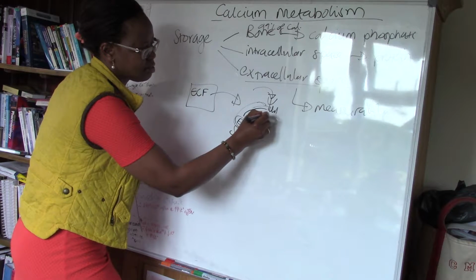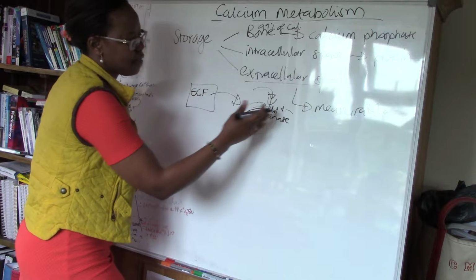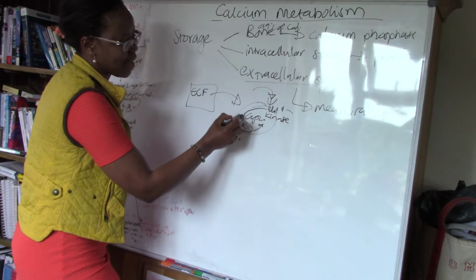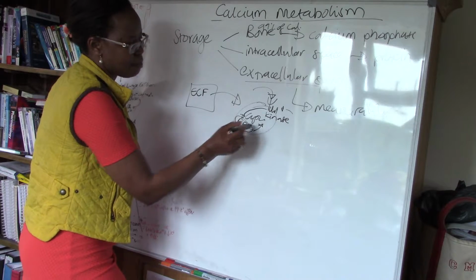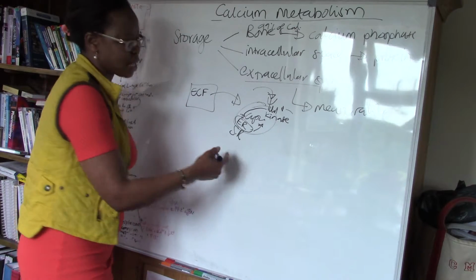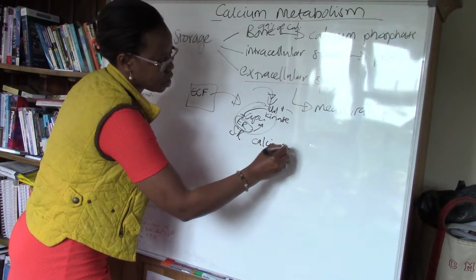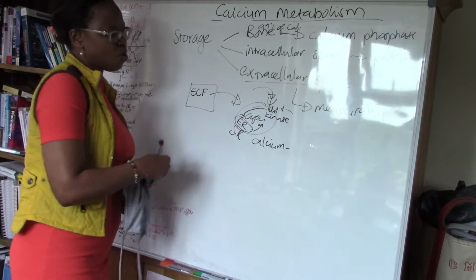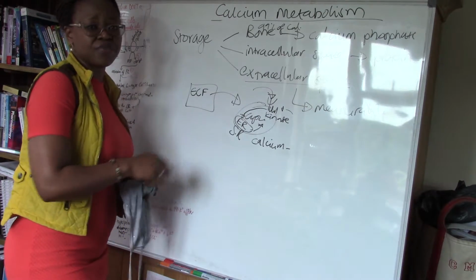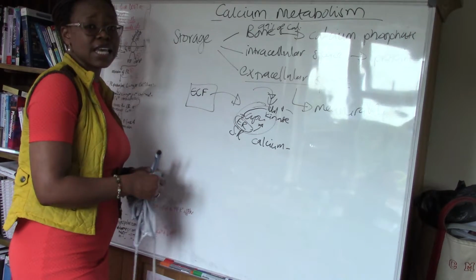So calcium will activate a kinase, cause phosphorylation, and that phosphorylation can then lead to the release of calcium from the ER or the SR. So we call that a calcium dependent release of calcium.